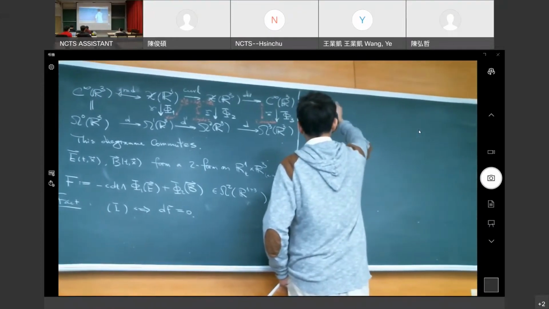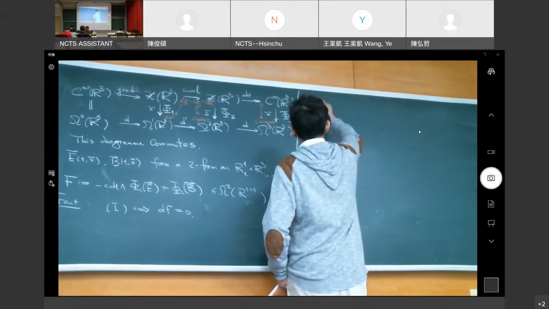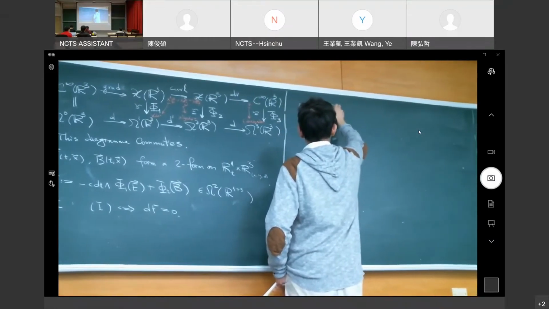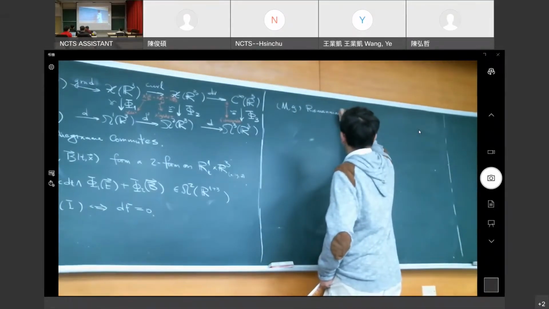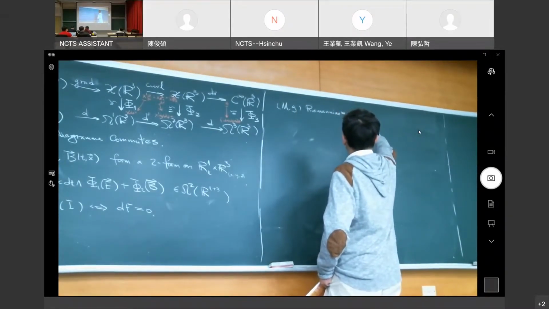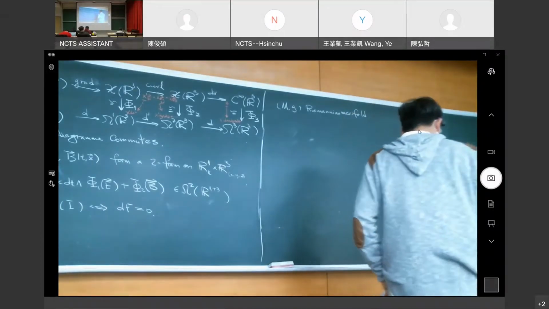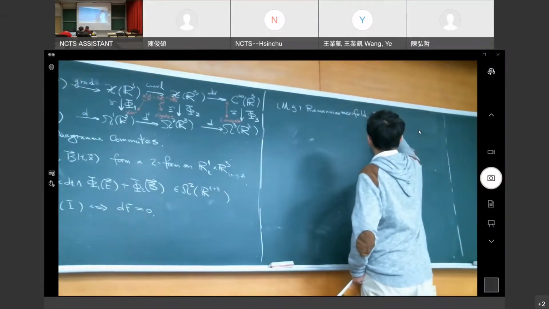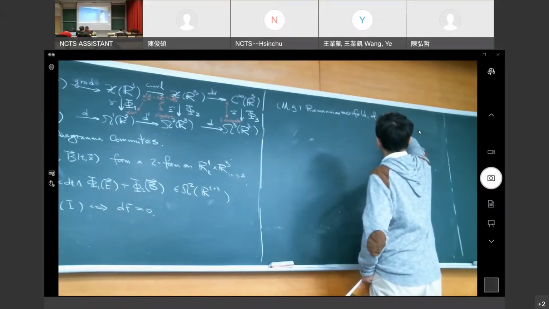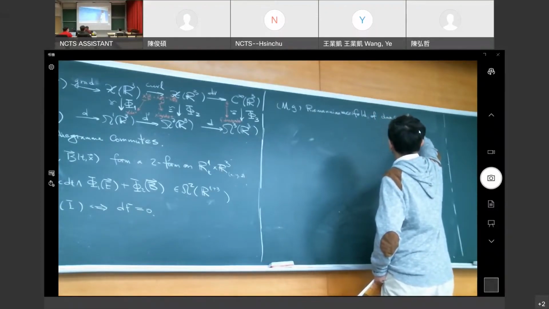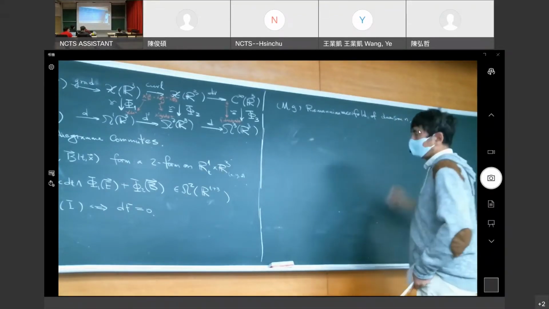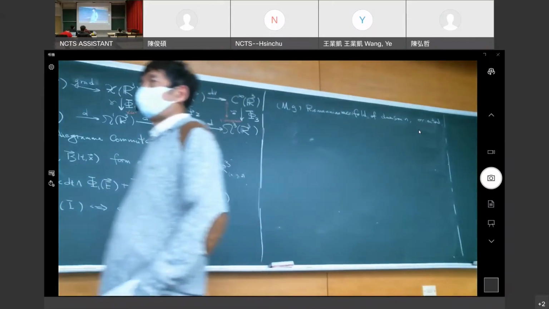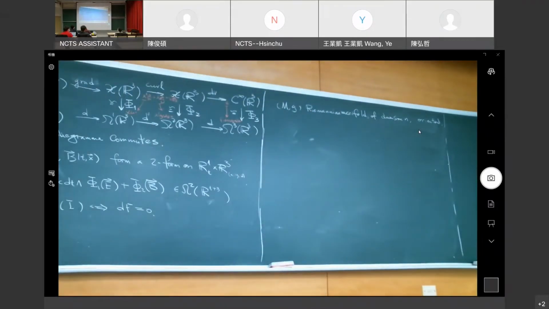Suppose we have (M, g), a Riemannian manifold of dimension n, and suppose it's orientable, and moreover it's oriented. So a volume form has been chosen that is compatible with the orientation and also compatible with the Riemannian structure.